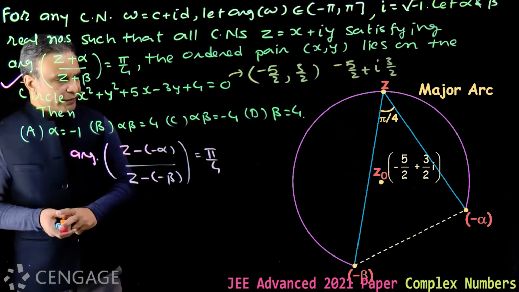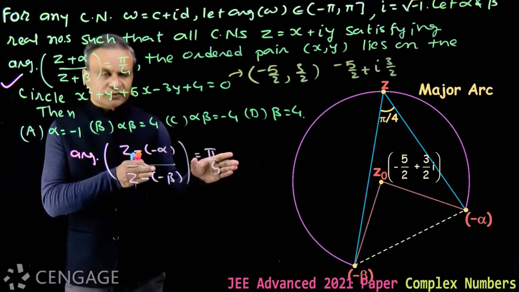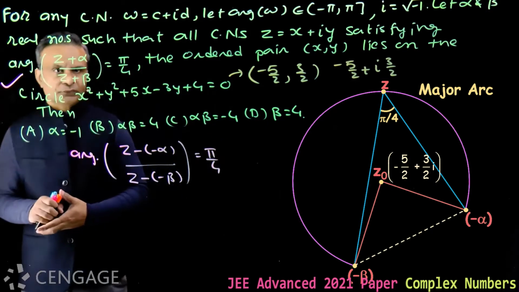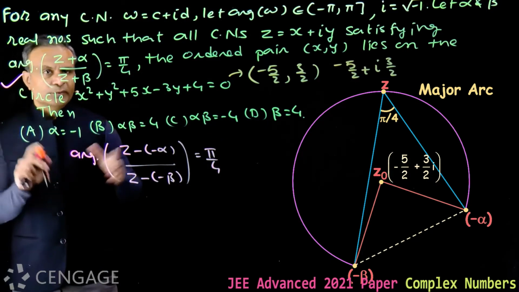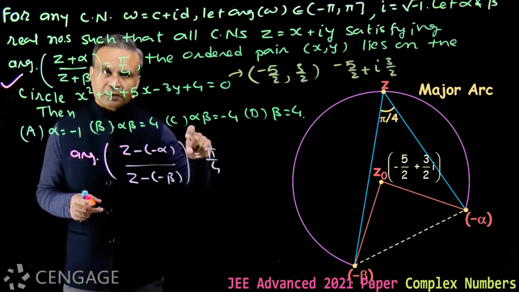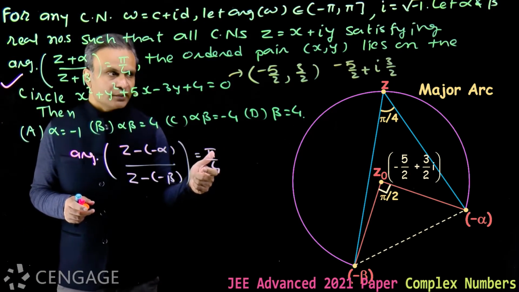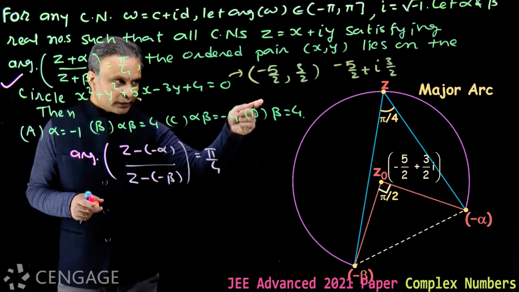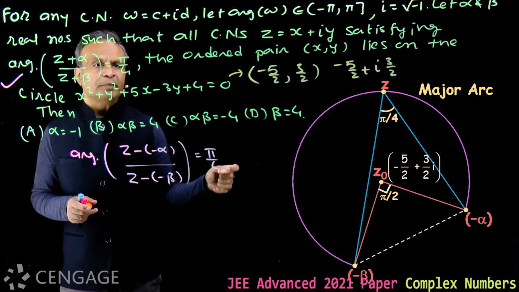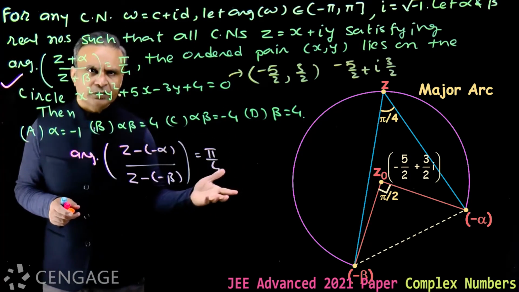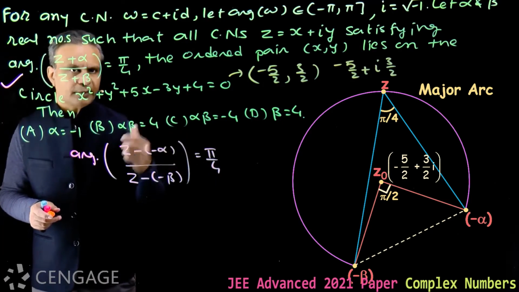Now we join the center to complex numbers minus alpha and minus beta. What will be this angle? From the geometry of the circle, this angle will be pi by 2, 90 degrees, because at point Z the angle is pi by 4, so at the center the angle will be double, pi by 2.